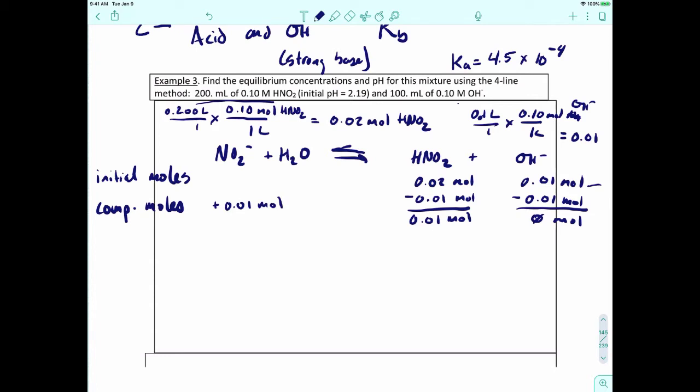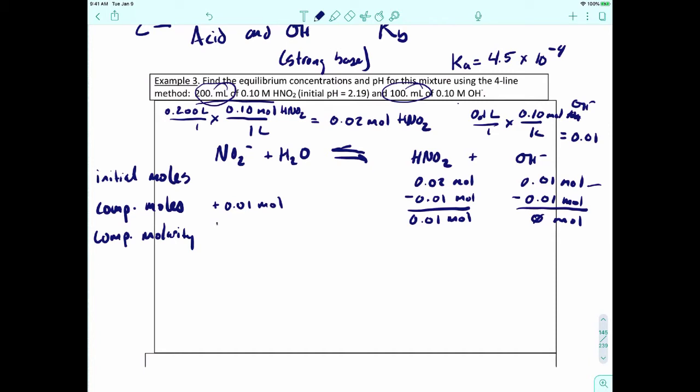So we've got to keep that in check on the left-hand side. All right, now that we know how many moles we have, if we assume completion, what's the completion molarity? Keep in mind you have 100 milliliters of base and 200 milliliters of acid, so 200 plus 100 is 300.